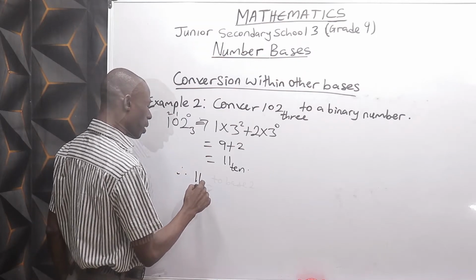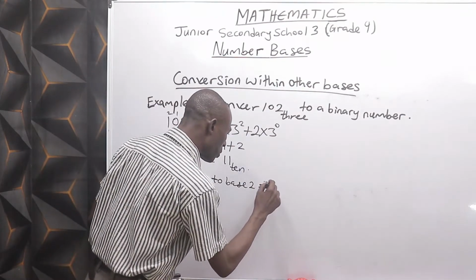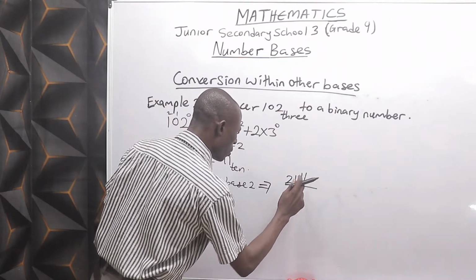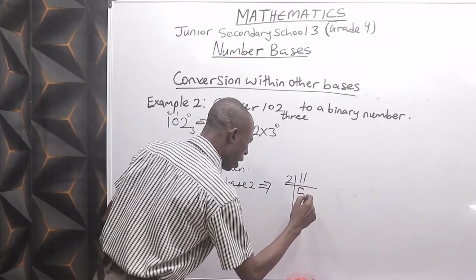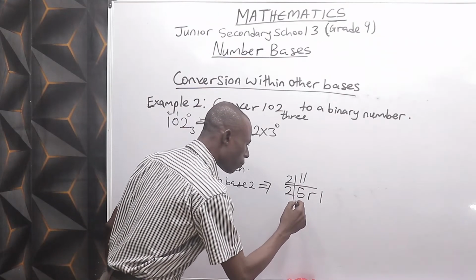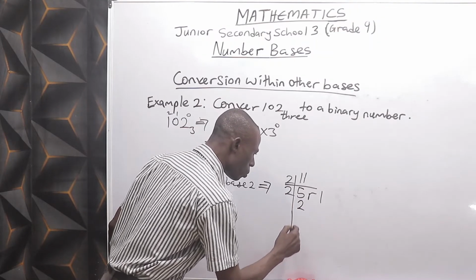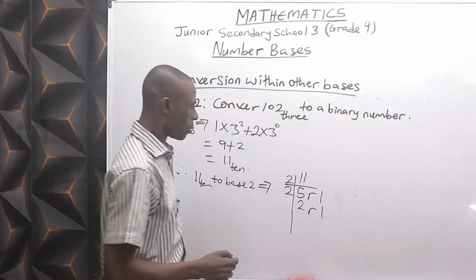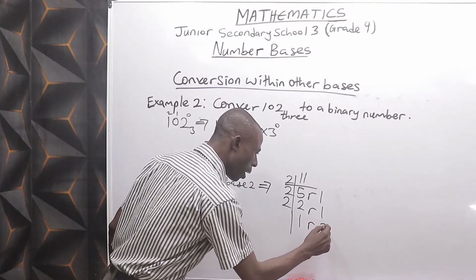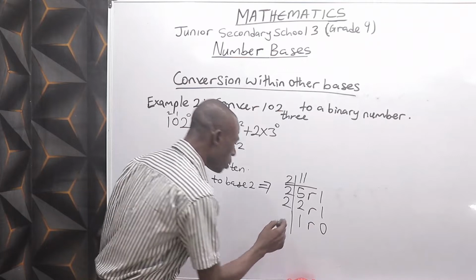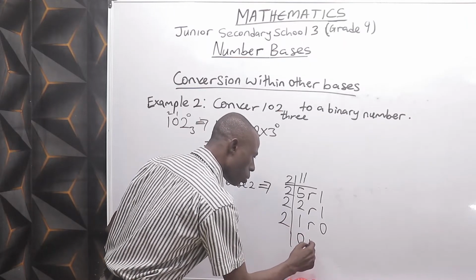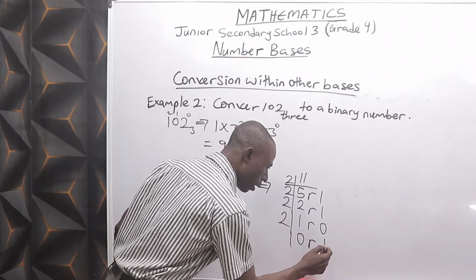Therefore, 11 base 10 to base 2 is 11 divided by 2. 2 in 11, that is 5, remainder 1. 2 in 5, that is 2, remainder 1. 2 in 2 is 1, remainder 0. And 2 in 1 is not possible. So we put 0, we carry the same figure down here.